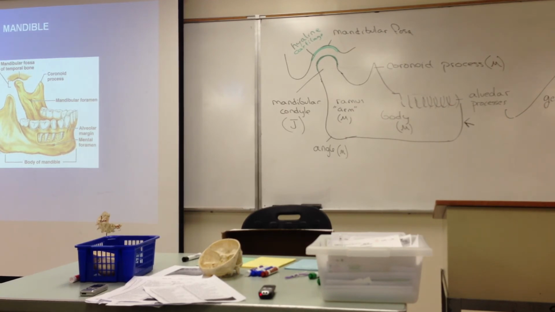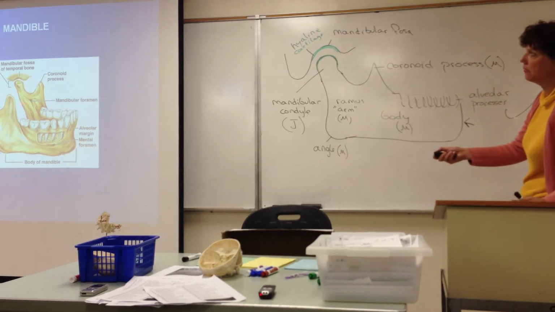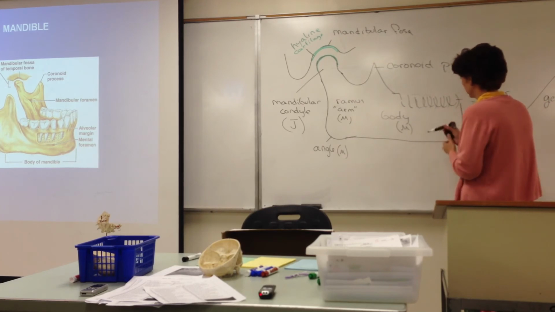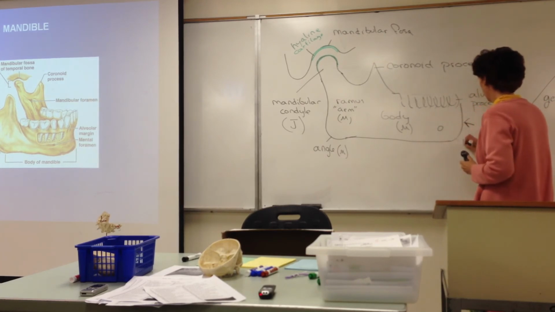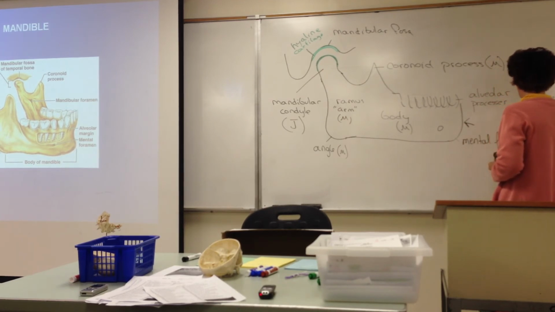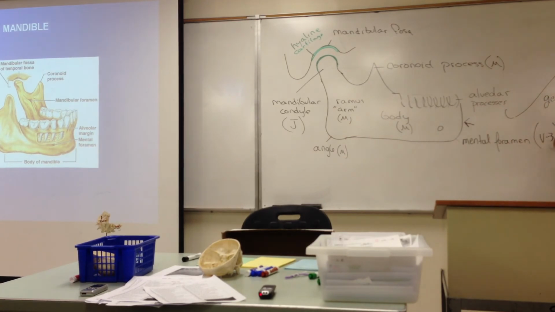So I'm not going to draw cartilage in there because it's not a cartilaginous, it's not a synovial joint. All right. And then on the inner surface, as you can see right here, remember we have the mental foramen? And that's for the third branch of the trigeminal nerve.